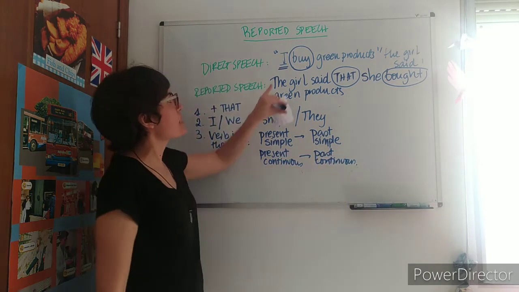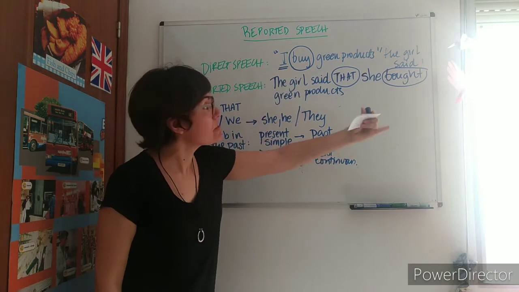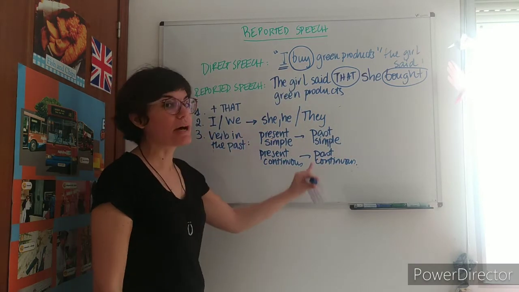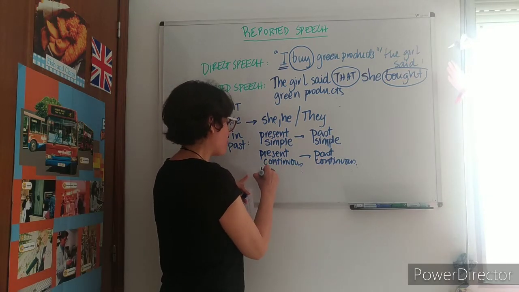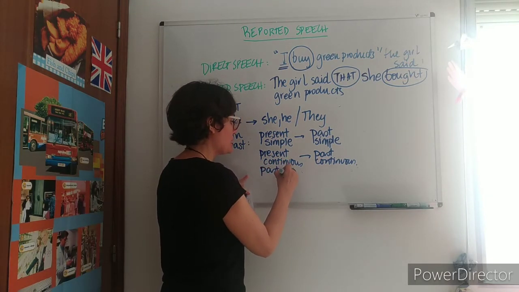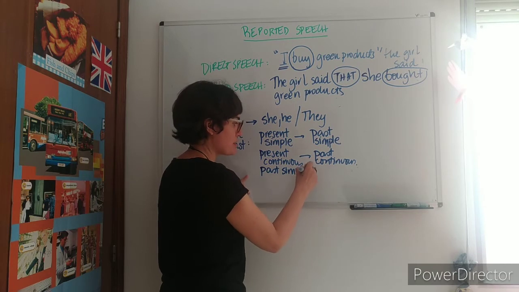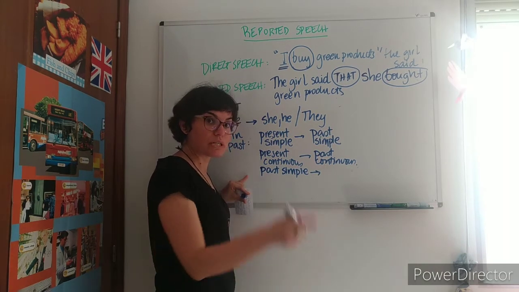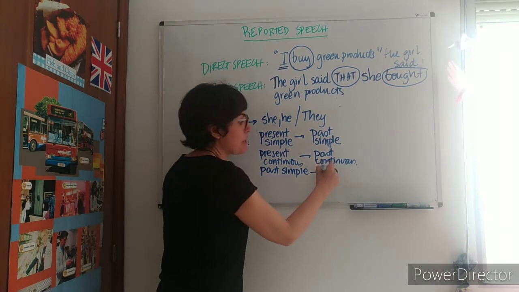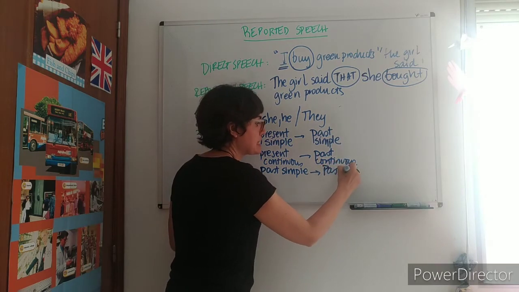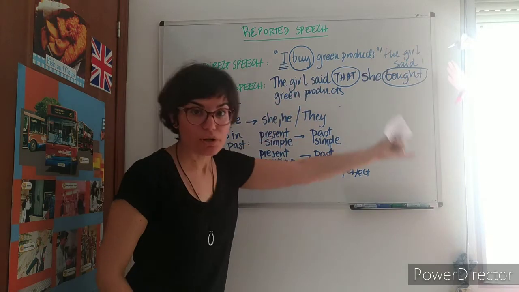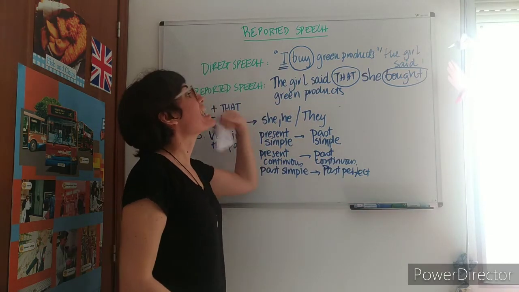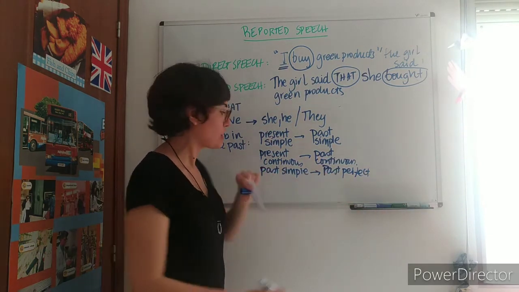So if I say I am buying green products, it will be she was buying green products, okay? If it's past simple, what is the past of the past? We saw it previously in other videos. Past perfect. So if it was I bought green products, she had bought green products.